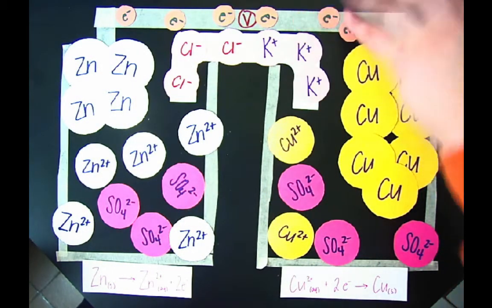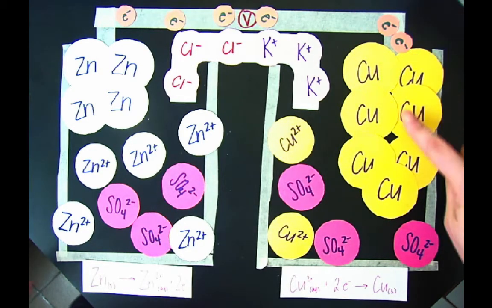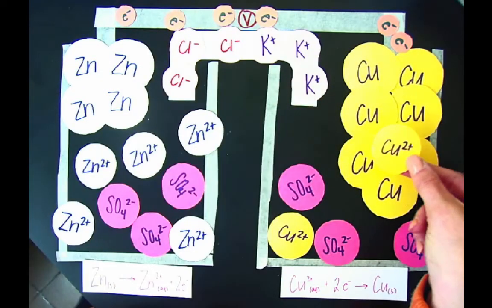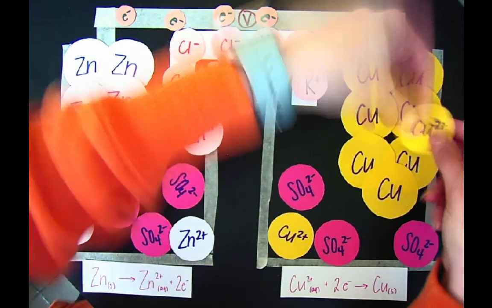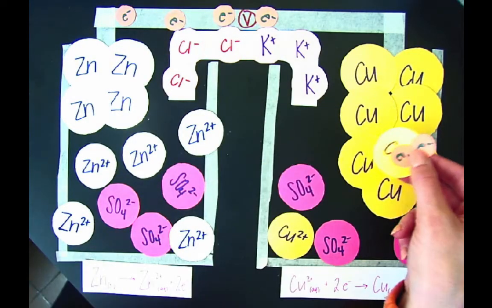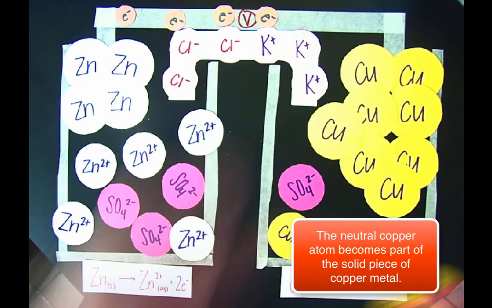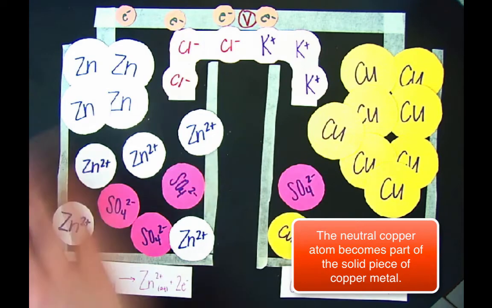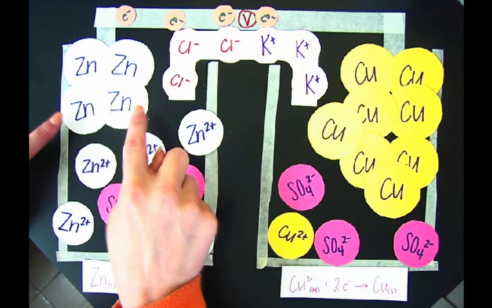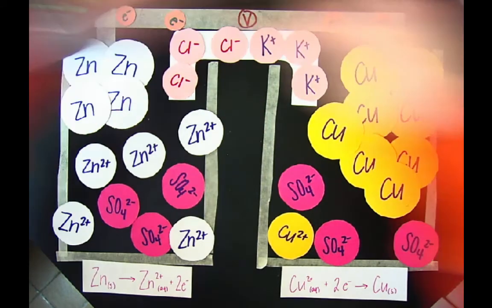These 2 electrons come back down into the copper electrode, where the copper 2 plus ion will gain the 2 electrons flowing into the electrode. When Cu2 plus gains 2 electrons, it becomes solid copper. So as this voltaic cell runs, the anode is reducing its mass, the cathode is gaining in mass, and electrons are flowing through the wire.